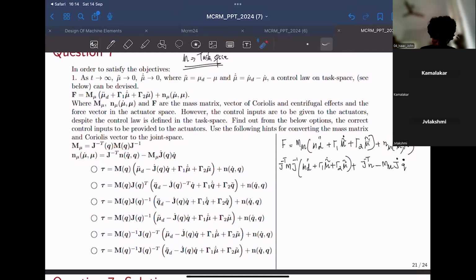And again, we have a mu over here, so instead of this mu, I'll have to substitute again this term. So this term will become minus J inverse transpose M J inverse J dot q dot. I'll just substitute this term over here.